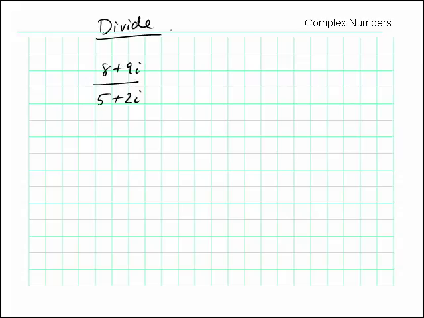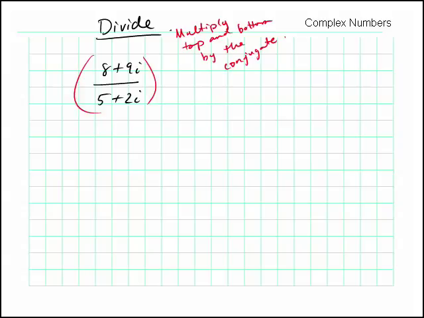Now when you divide complex numbers, you want to multiply top and bottom, numerator and denominator, by the conjugate. And we've talked about this in a previous section. I'm going to multiply this complex number by the conjugate of the denominator. You always multiply by the conjugate of the denominator. And the conjugate of 5 plus 2i is just 5 minus 2i, top and bottom. So notice I'm really just multiplying by something equivalent to 1.